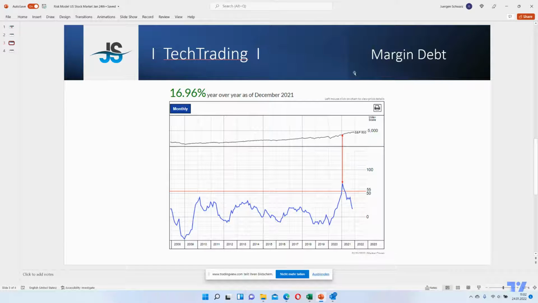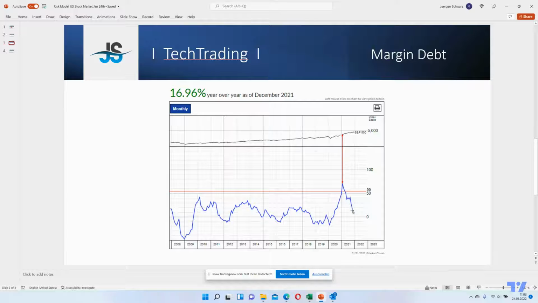What we also see is that the margin debt is falling down. This is also good, because when the margin debt is that high, that's really in very boiling hot markets. We have margin debts of higher than 50. And if you have that, there's almost no cash left to enter the stock market. So what should push it higher is then the next question.